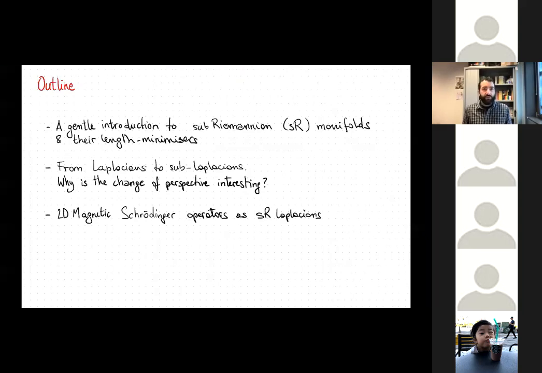So without further ado, let me set up a bit the expectation for how the talk is structured. Since I'm trying to be pedagogical, I want to give an introduction to Subriemannian geometry which is as simple as possible, with simple and clear examples.